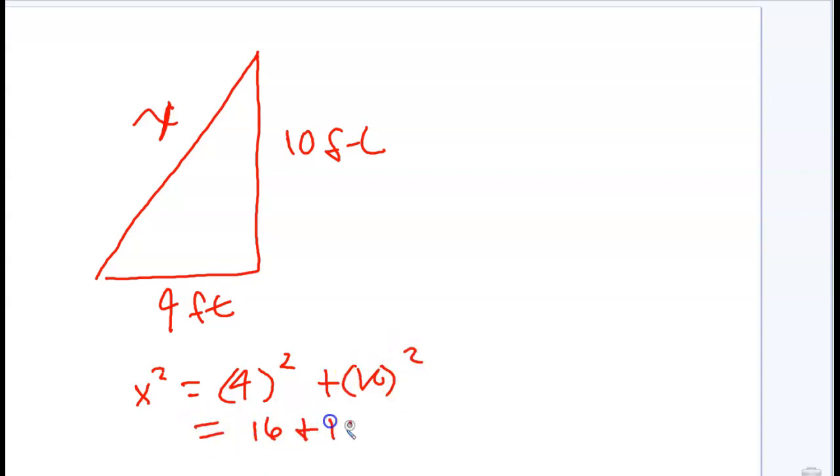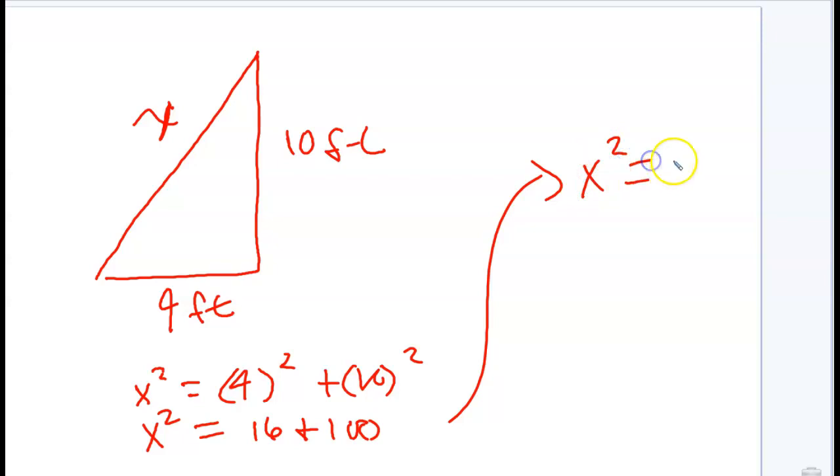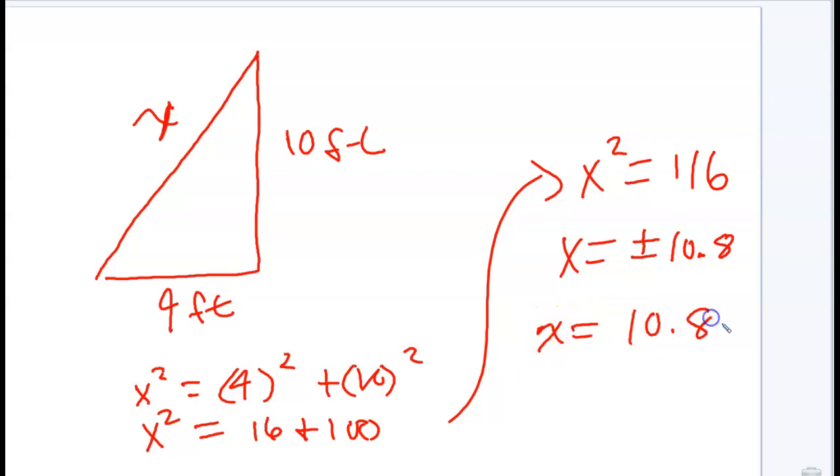So 16 plus 100 is equal to x squared. So therefore, x squared is 116. And if we take the square root of 116, we actually get plus or minus 10.8. But again, length can only be positive, so therefore the length of the ladder would be approximately 10.8 feet.